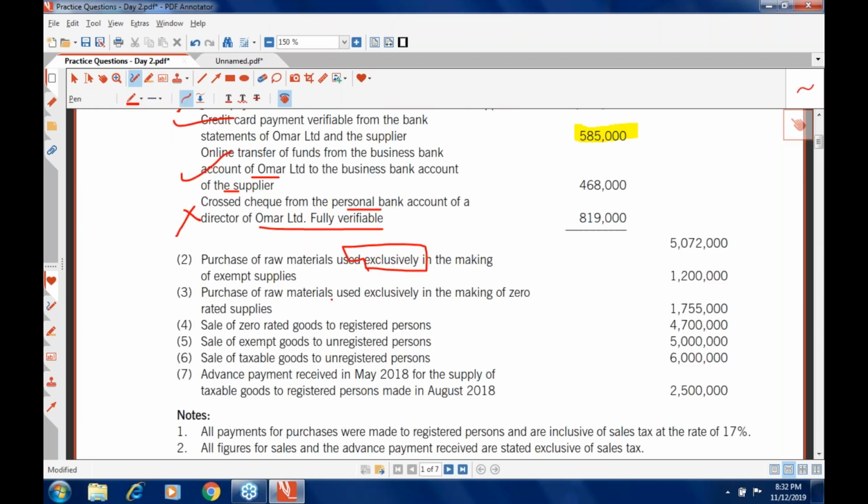Further, it says purchase of raw materials used exclusively in the making of zero rated supplies. Now, when we talk about the raw material which is going to be used in the making of zero rated supply, what is actually going to happen with this?